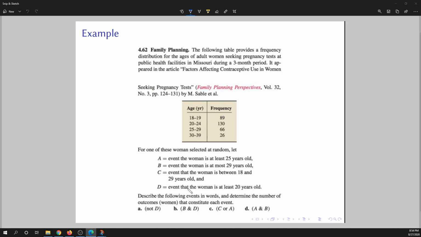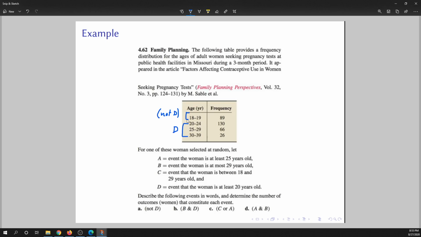D is the event that the woman is at least 20 years old, right? So if I look at the ages, at least 20 means 20 or more, right? So D would be all of the women in these categories right here. And so that would mean that not D is this one up here. That's everybody in the sample space that's not in the event D, right?